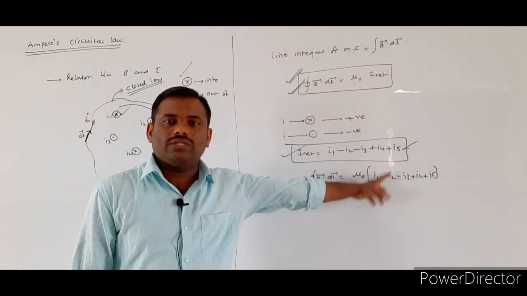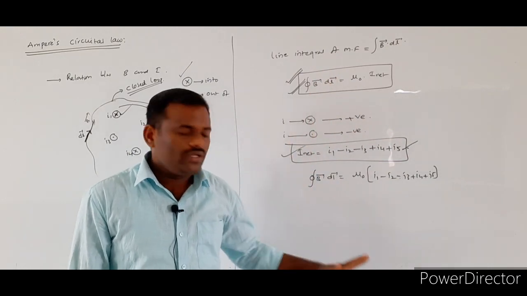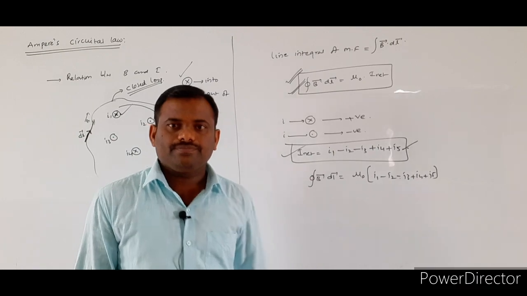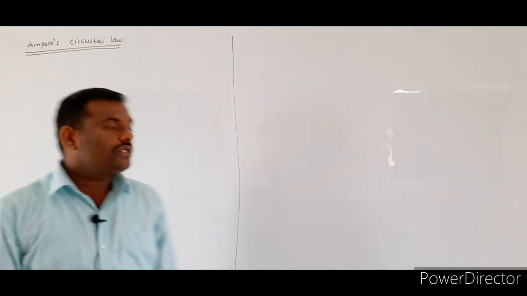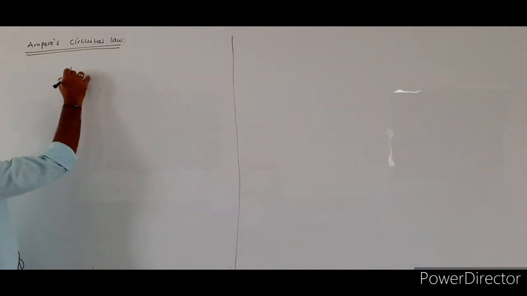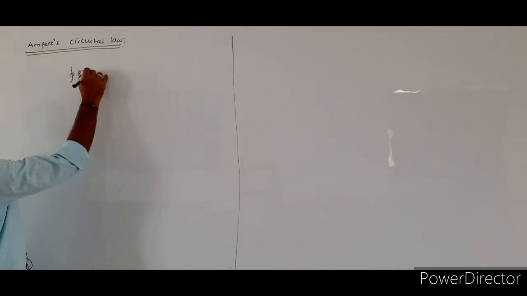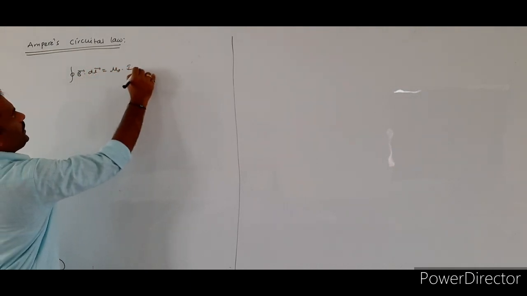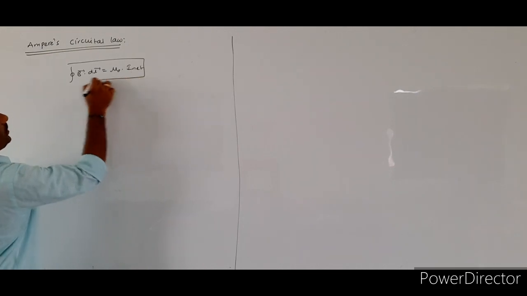So Ampere's circuital law is the integral of B bar dot dl bar is equal to mu naught into I net.